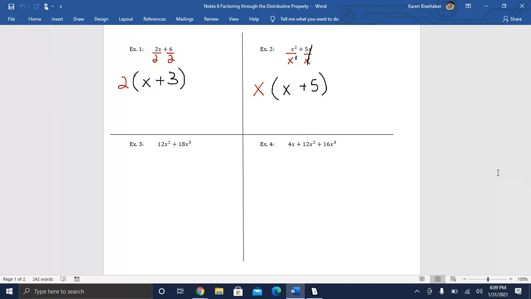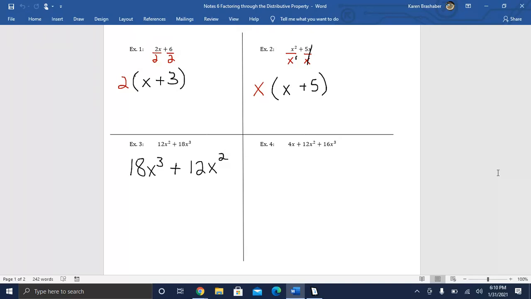As I move on to number 3, I want to notice always whether or not my expression is written in descending exponent order. And this one is not. So I need to write my 18x to the third first plus 12x to the second next, so that my exponents go down in order.